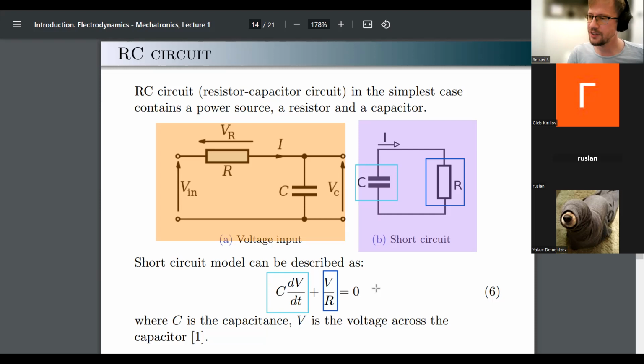People actually use RC circuits often where the input is current, not voltage. This has to do with various possibilities you can have when you design electrical circuits. Sometimes it is easier to produce voltage as input. Sometimes it is easier to produce current as input. Voltage is more typical, but sometimes you can produce current as input.